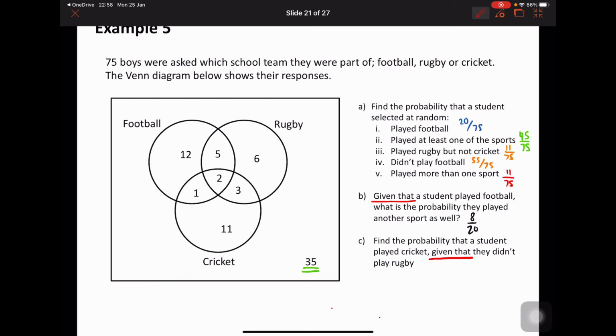We're going to first write the number of students which did not play rugby. So 35. Essentially everything outside of this rugby circle, so 35 plus these values, so 24, 59, so it's going to be out of 59.